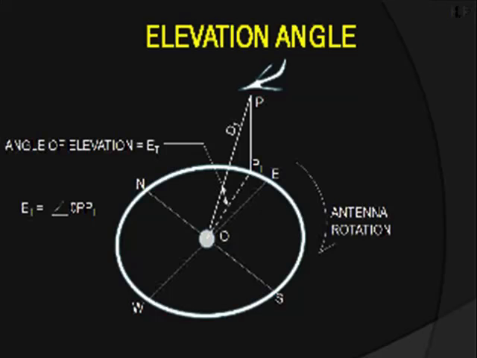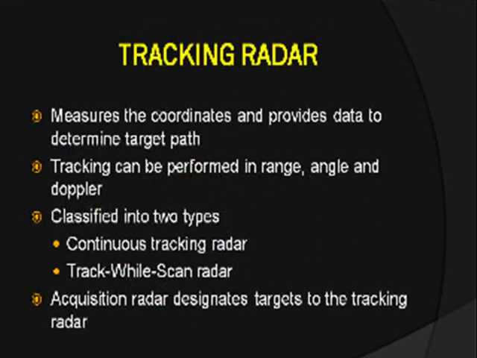Now let's get into the operation of a tracking radar. First, let us see what are the things we can do with this. It measures the coordinates of the incoming target and provides data to determine the target path. This will be highly useful in the missile tracking and missile guidance systems.